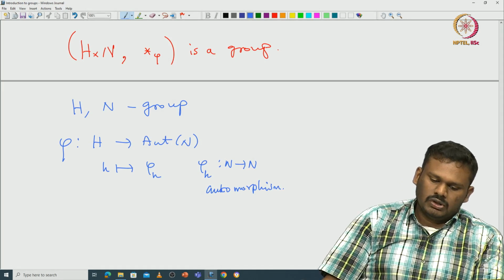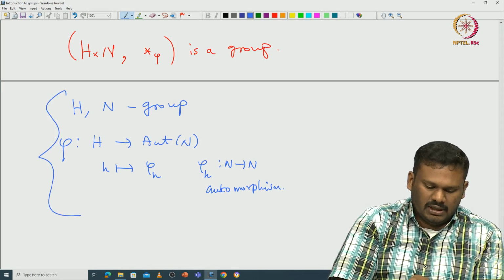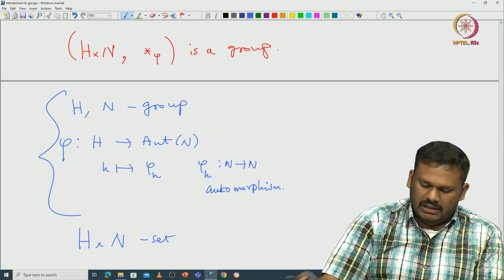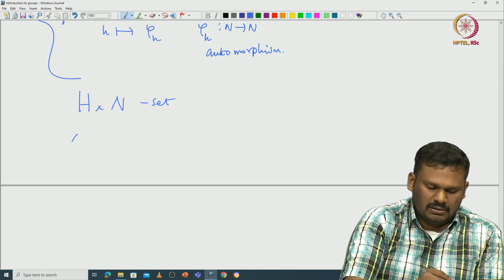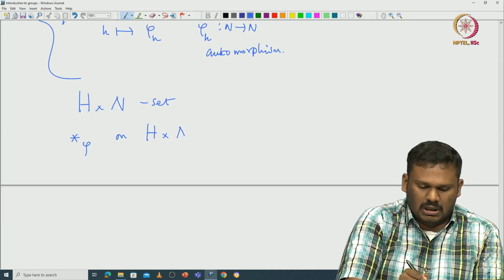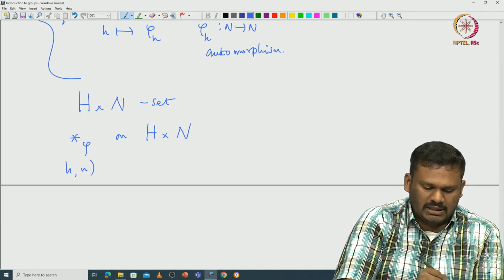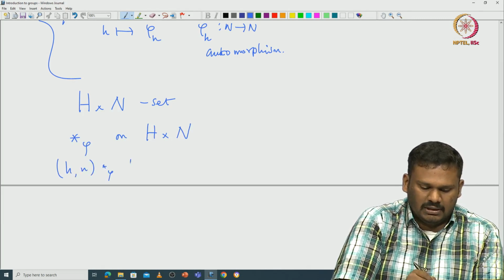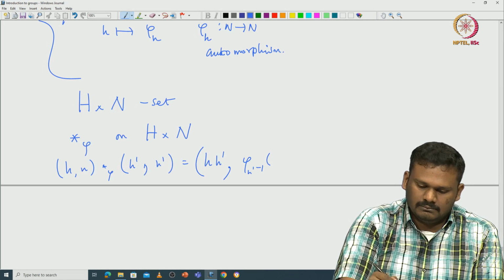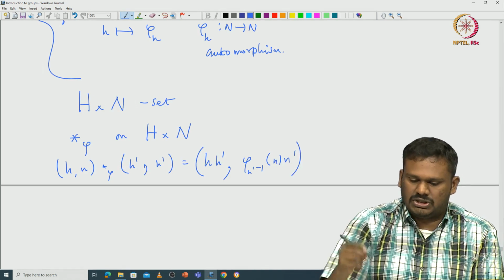Okay, so then using this data, we are taking this set H cross N and defining this star phi on these elements of H cross N. How are we defining it? You take two elements (h, n) and (h', n') and define the product. So this is going to be h h' and then phi h' inverse applied on n and then multiplied with n'.